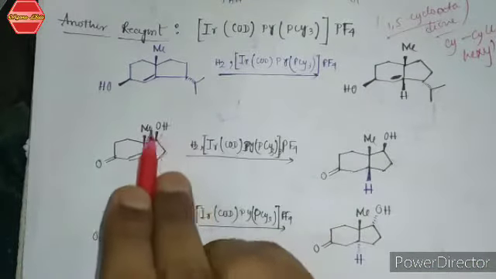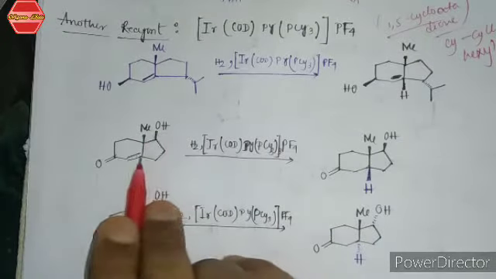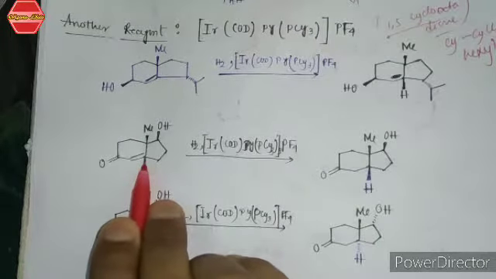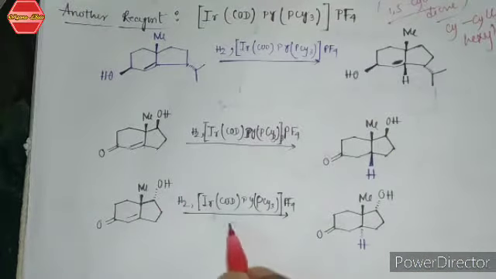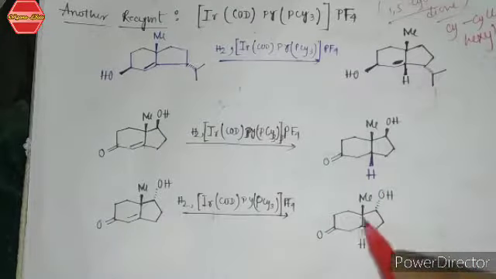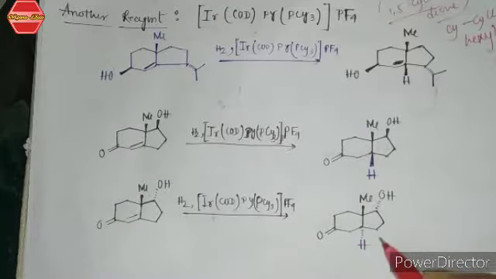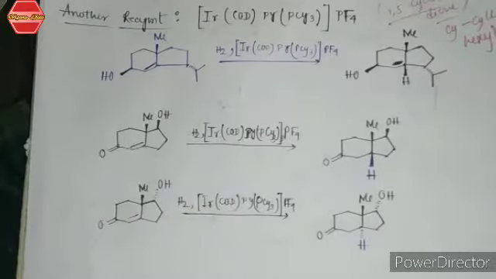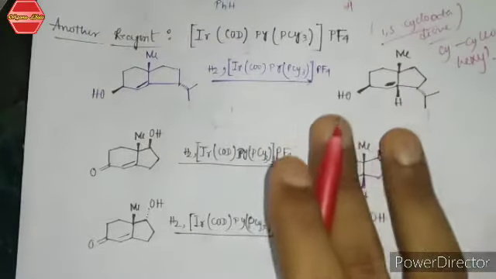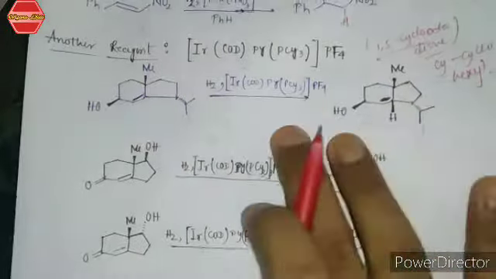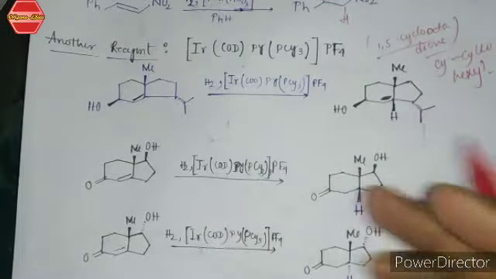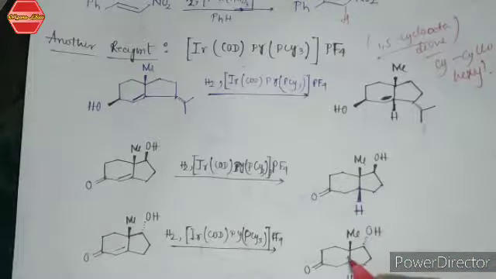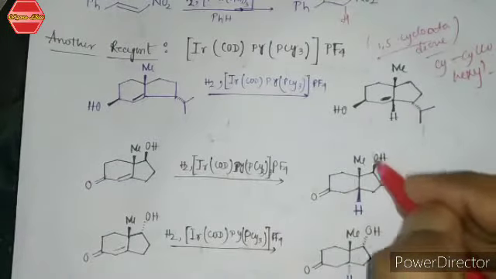Similarly, this OH group is on the upside, so if the hydrogen is attached at this junction, it is also on the upside. Here the OH is on the backside, so when the hydrogen is attached at this junction position, it is also on the backside. This is the overall mechanism of this iridium-based complex. It is also an important catalyst, and the main factor is the OH group: hydrogen is attached from the side where the OH group is, at this junction position. The factor that determines it is this OH group.